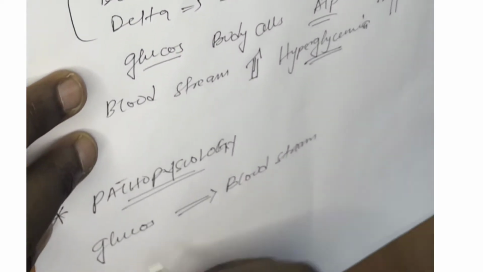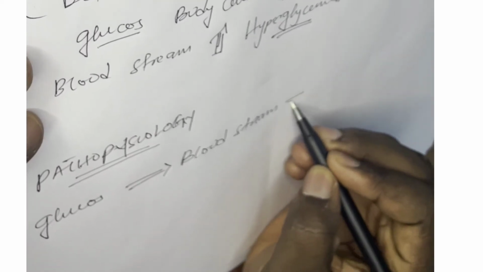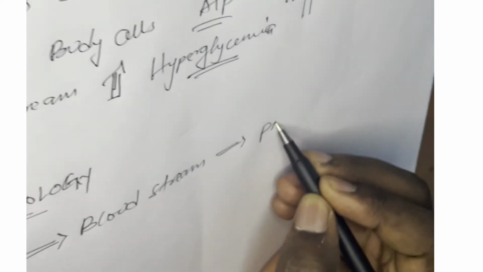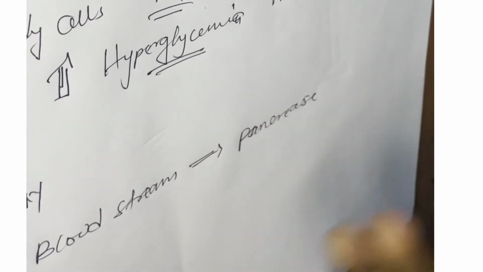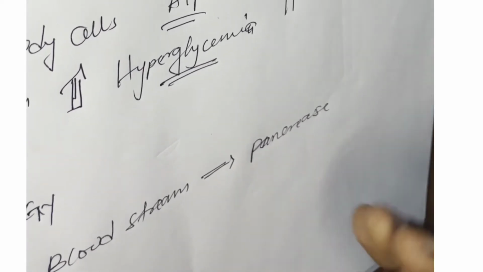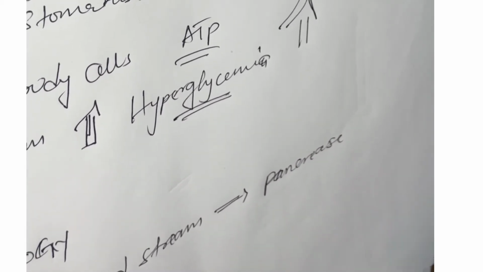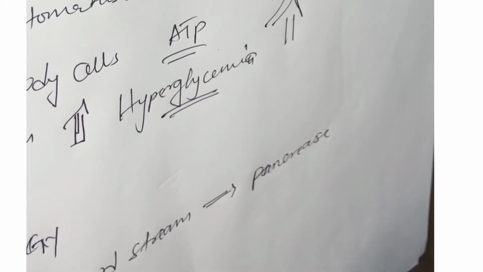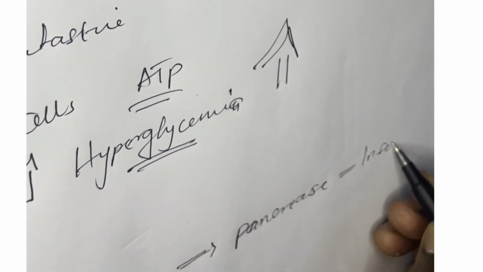Now, the glucose will be roaming freely in the bloodstream, where it will go to the pancreas. The pancreas is the organ that produces the hormone responsible for bringing the hyperglycemia down. When the glucose goes to the pancreas, it stimulates it to produce what we call insulin.